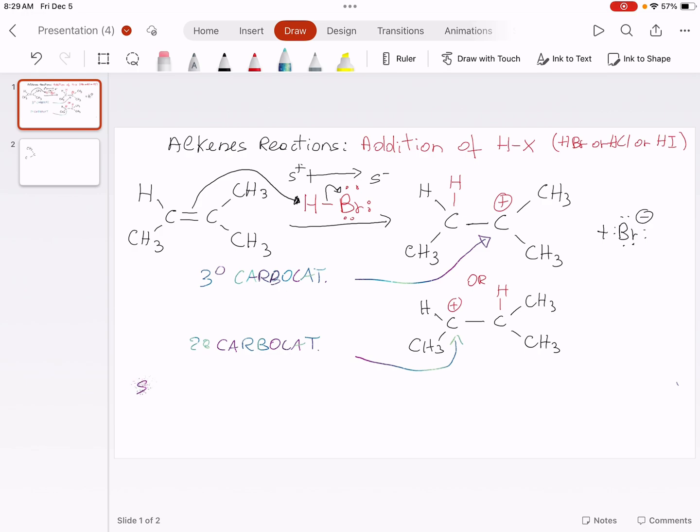The stability of carbocations is the following. We go from resonance stabilized carbocations, these are the most stable. Then we have tertiary, more stable than secondary, more stable than primary, which in turn are more stable than methyl.